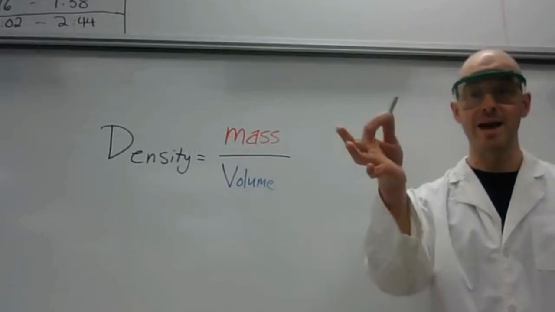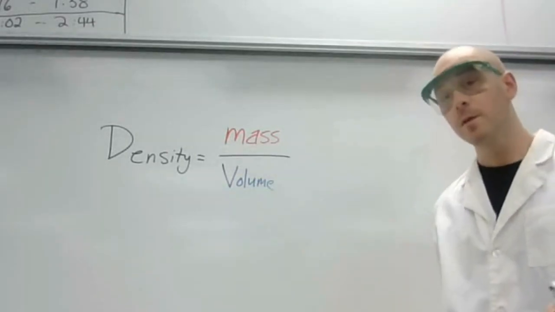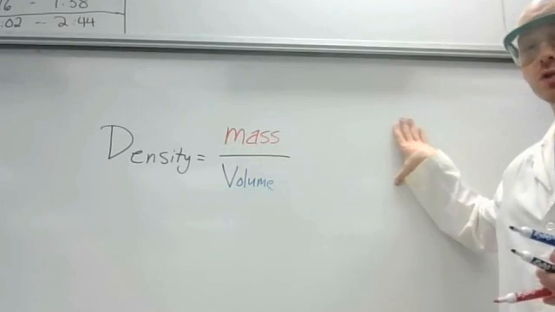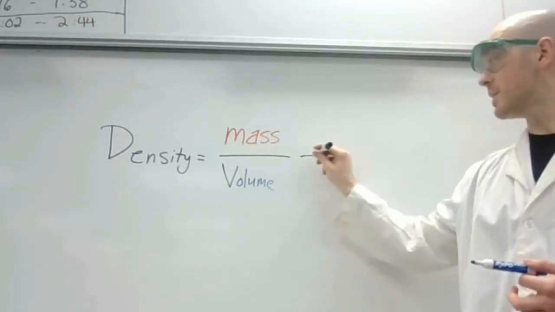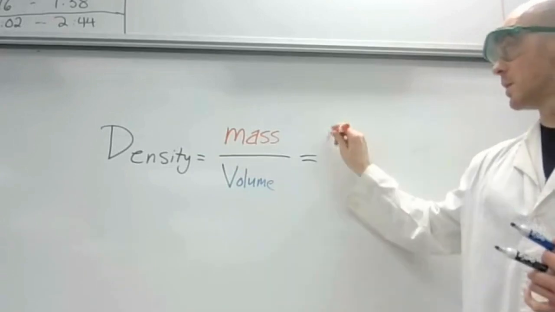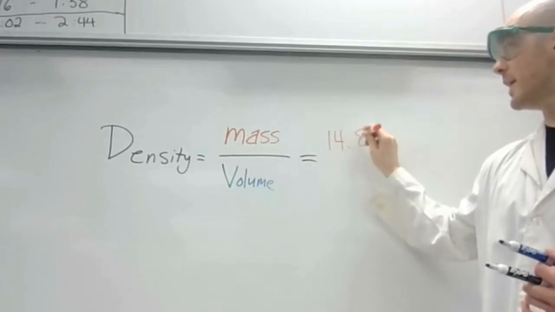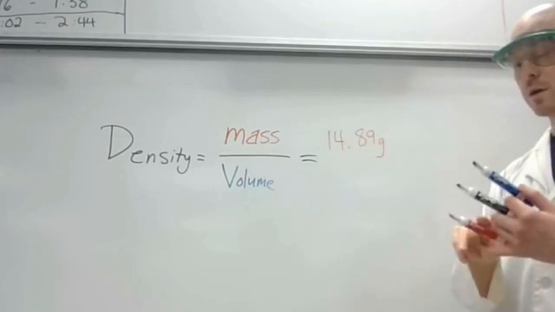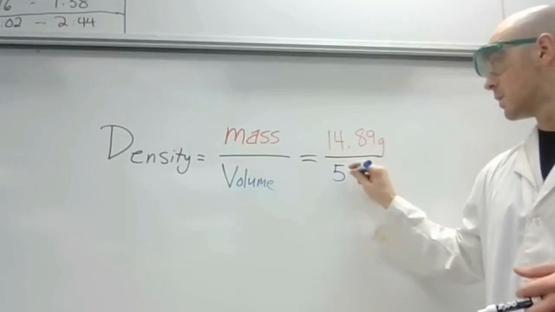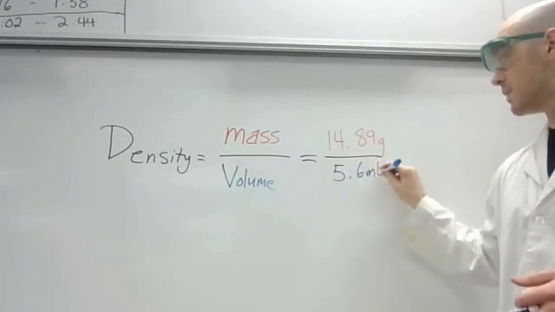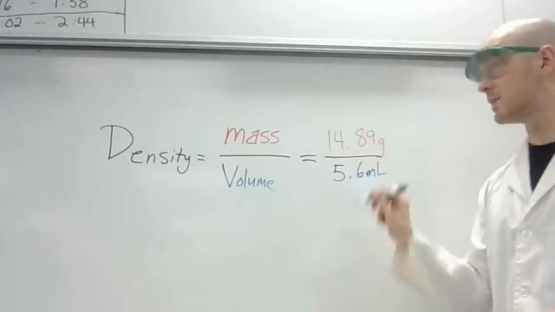So now that we have the mass and the volume of this silver cylinder, we can actually use those two measurements to calculate the density. If I take the mass of my silver cylinder, 14.89 grams, and I divide it by the volume, 5.6 milliliters, I can calculate that density.